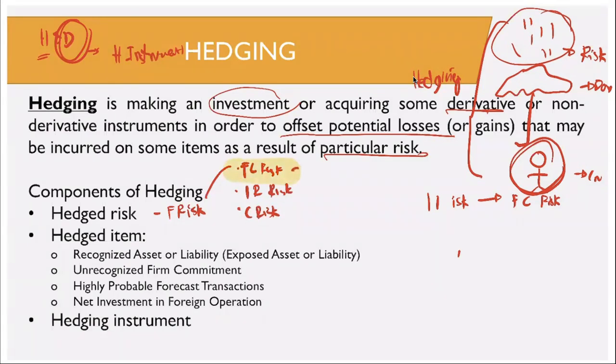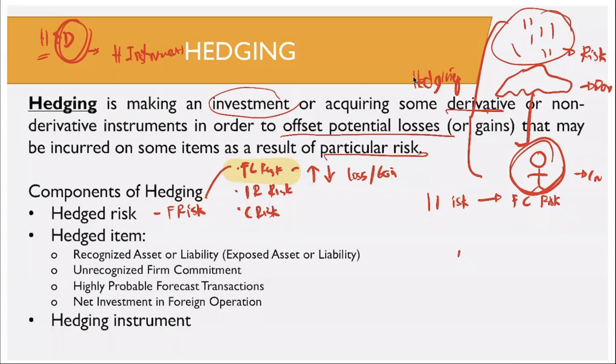When we talk about foreign currency risk, again, this is the risk that the foreign currency will increase or decrease. Therefore, we can have either a loss or a gain. So what we want to do is to offset that increase or decrease.